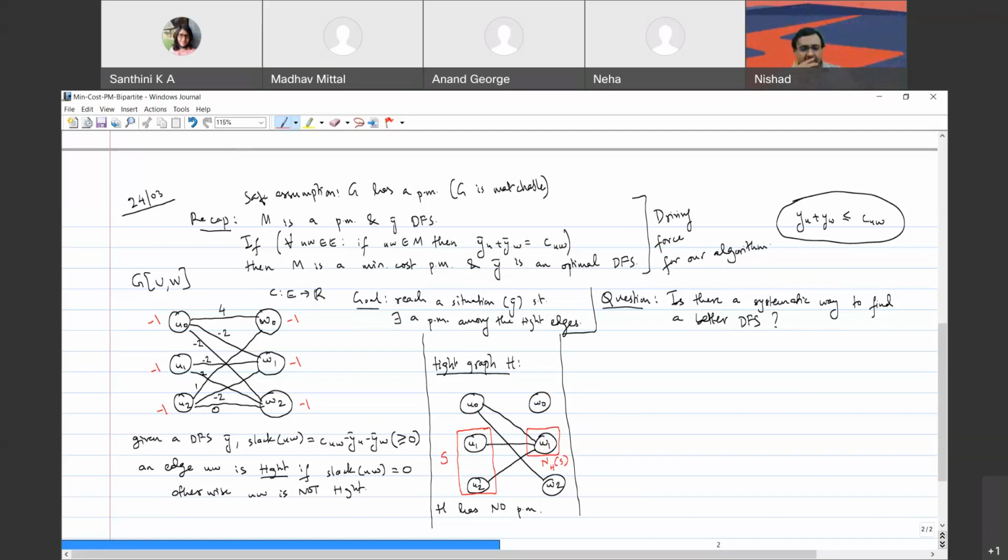So we want to use this deficient set and its neighborhood in some sense to systematically get a better dual feasible solution. So we are going to look at specific edges and their slacks and then do some modification to the dual feasible solution, and we will ensure that we get a better dual feasible solution by doing this process.